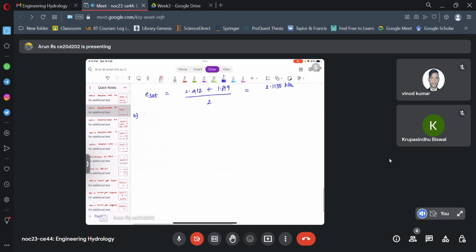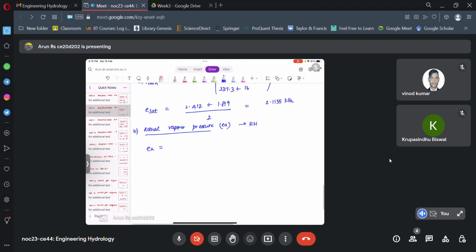Next is actual vapor pressure. So this is nothing but your EA. So in the computation of EA, EA is related to your relative humidity, and this relative humidity has a significant effect on the quantity of your EA. So we cannot simply average like how we average the saturation vapor pressure. So we'll be using a weighted average. So that is ES at T max. This is related to your relative humidity minimum.